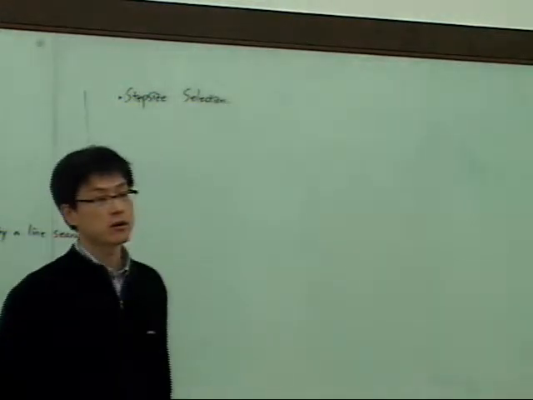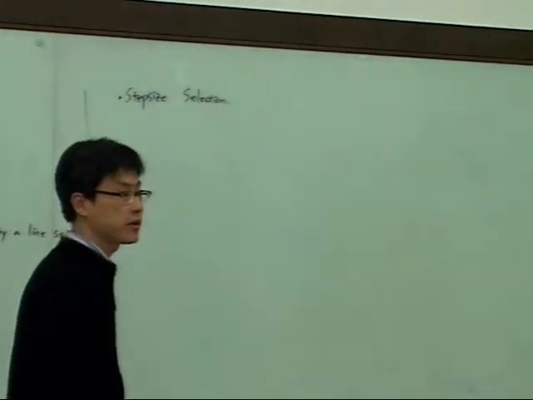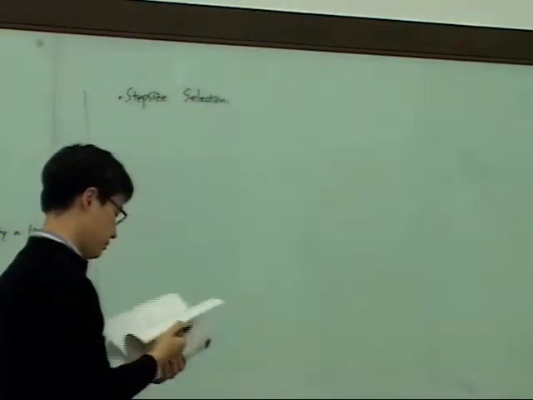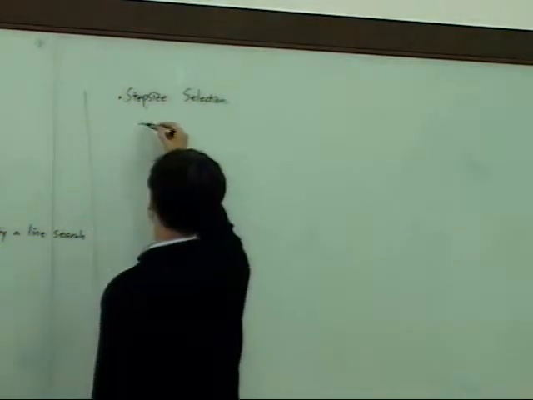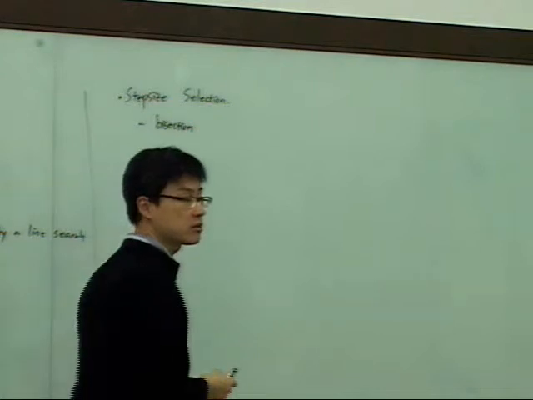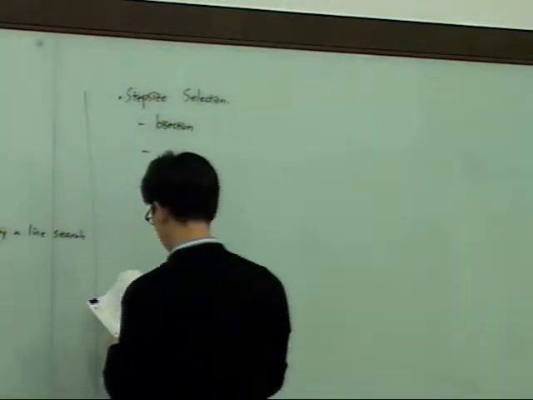There are a couple of methods to think about for step size selection. The first one, I mentioned, is bisection. The second one I'd like to talk about is the Armijo rule.